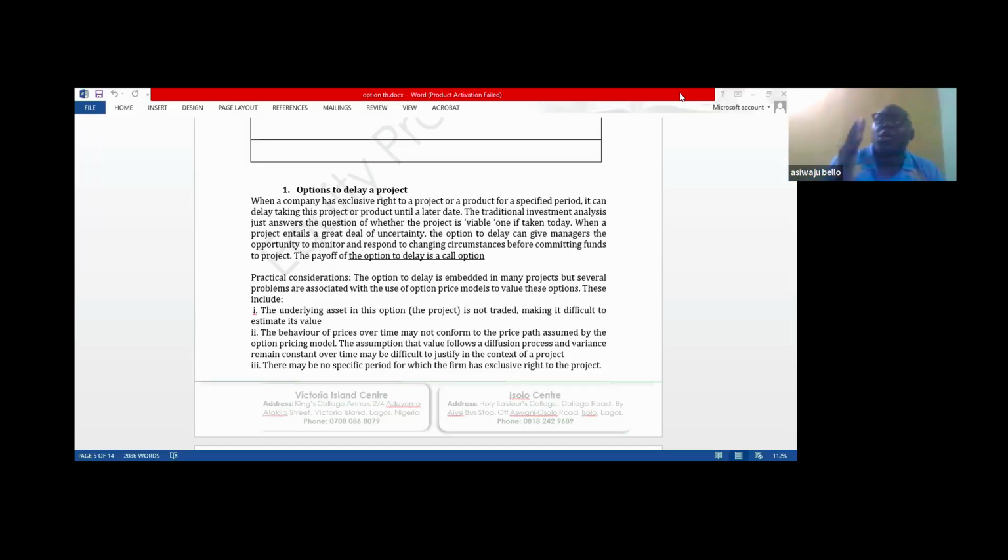Under the conventional net present value method, the conventional investment appraisal method, it is assumed that a project must commence now, year zero.